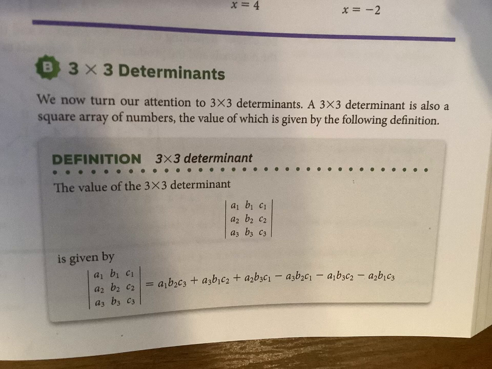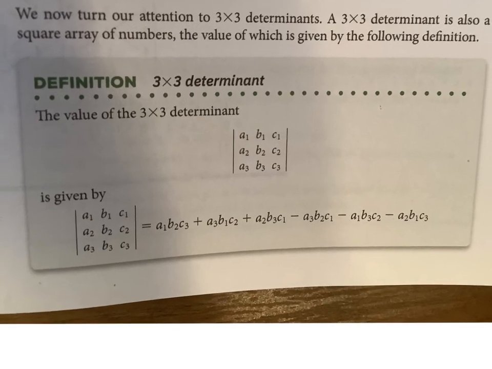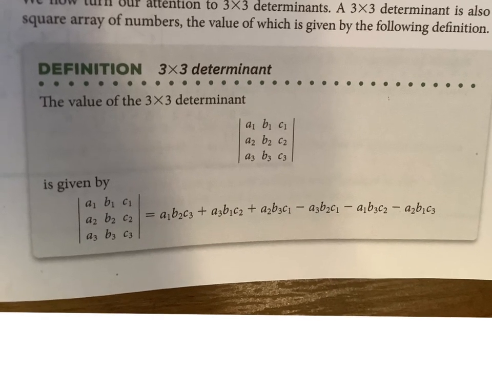Okay, so next step, 3 by 3 determinants. It's so much easier just to take a picture rather than you hear the click, click, click of my iPencil on the tablet. So what we've got is a bunch of numbers written here, 3 by 3. That equals this times this times this plus this times this times this plus this times this times this minus, and then it gives you what you're subtracting here.